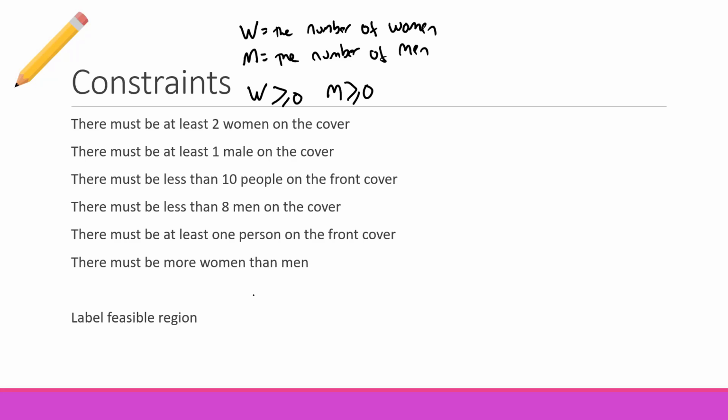There must be at least 2 women on the front cover. So what would this constraint be? What would it look like? Suggestions in the chat, please. What would this first one look like?